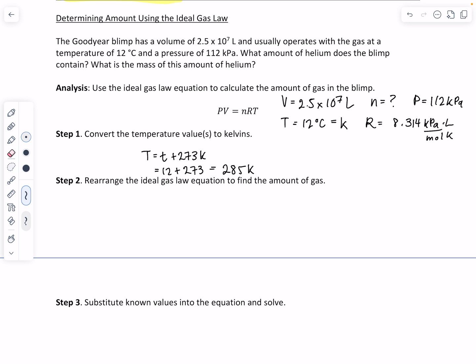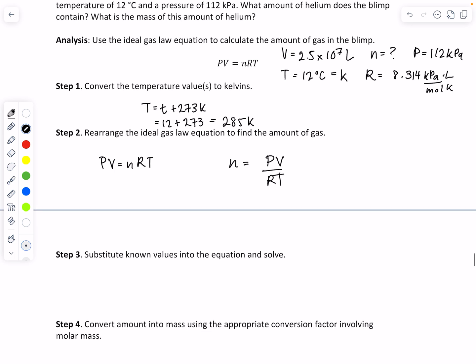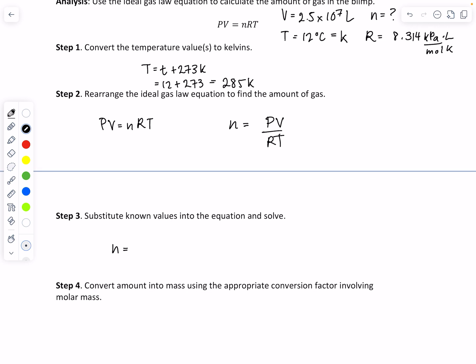If PV equals nRT, we can rearrange and isolate for n by dividing both sides by RT. So n is equal to PV over RT. Let's sub in our known values.